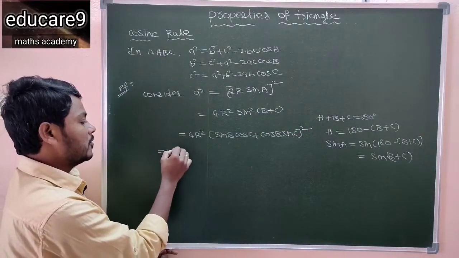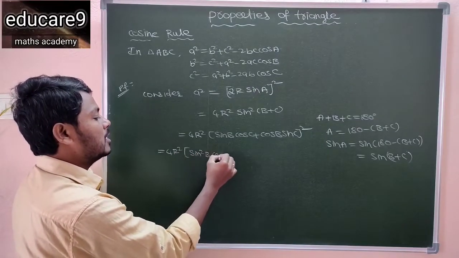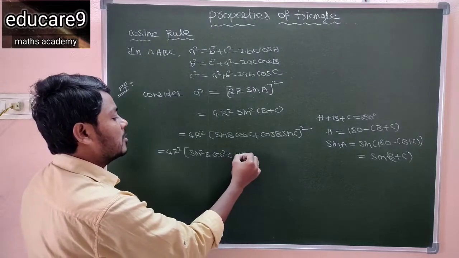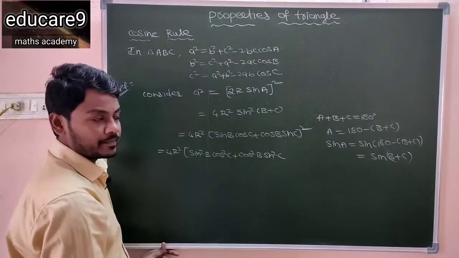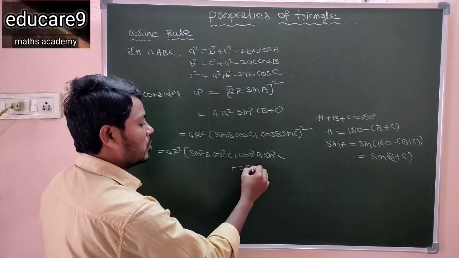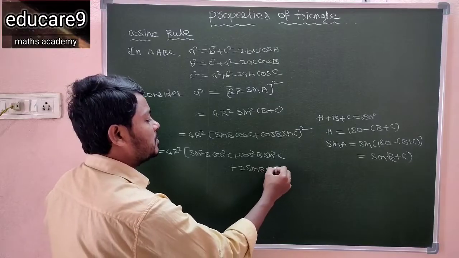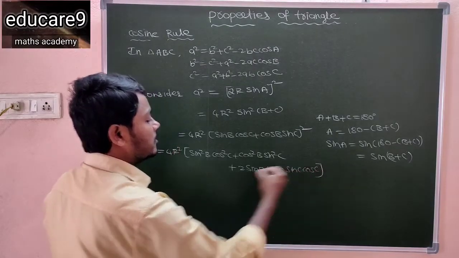So this is 4R squared into (sin squared B cos squared C + cos squared B sin squared C + 2 sin B cos B sin C cos C).